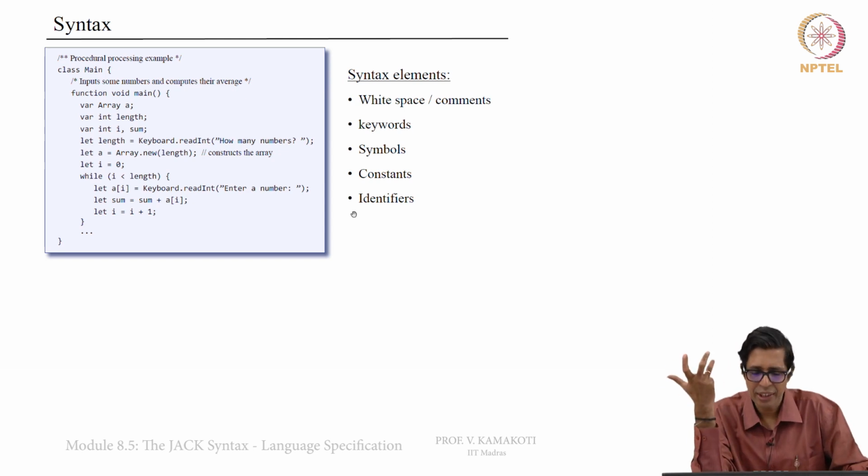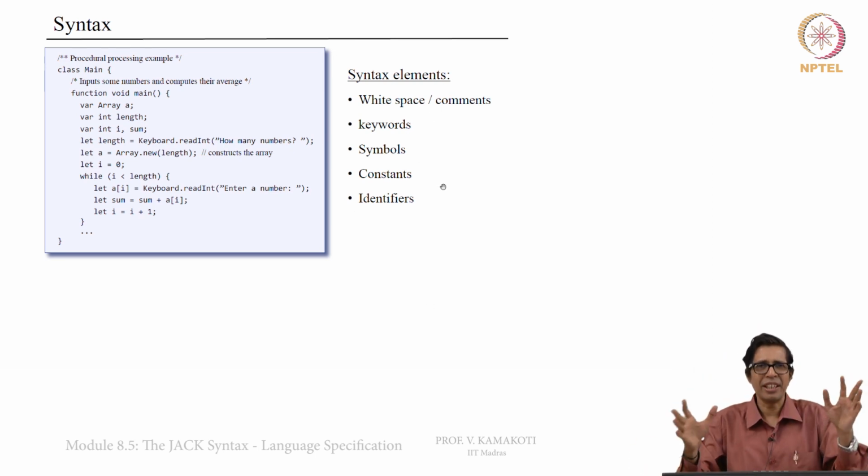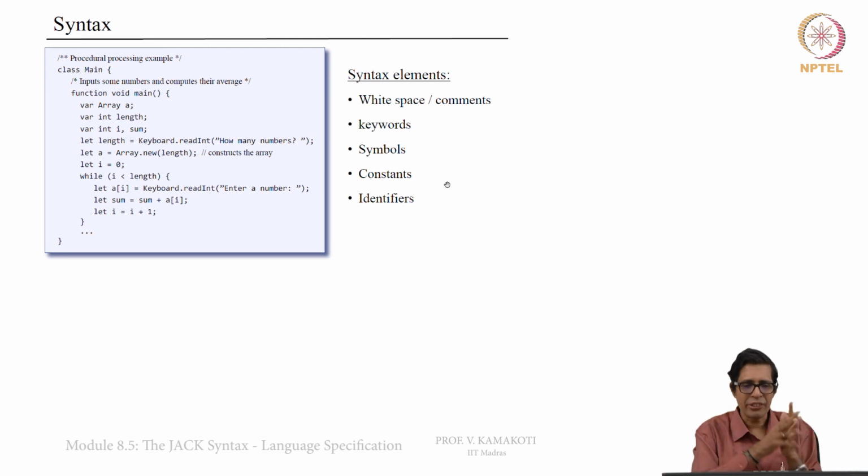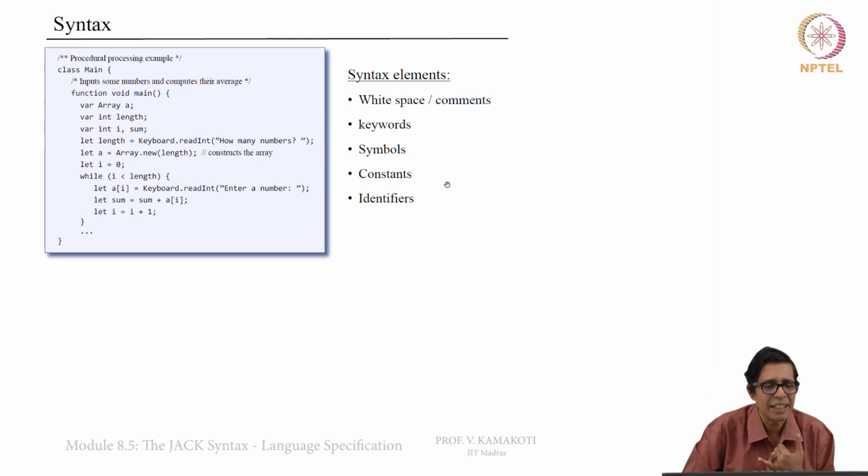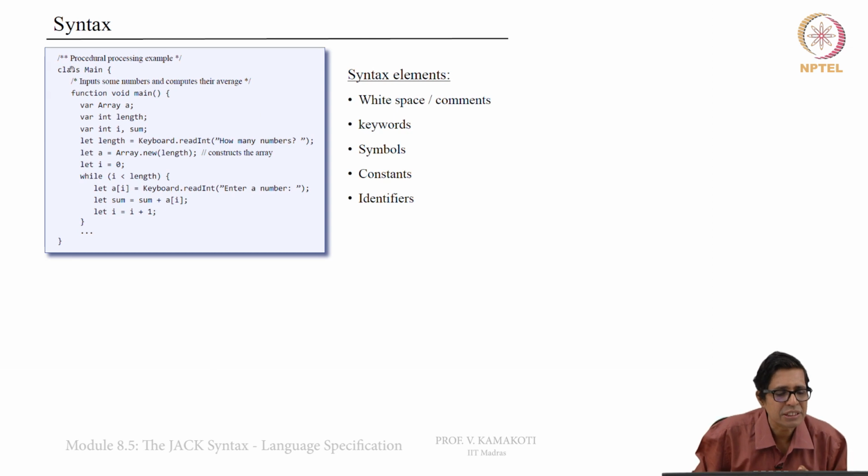So the syntax elements are, what are the things that are present inside Jack? There are only 6 different things that you see. You will find some comments and white space. You will find keywords. What are the keywords? Var, function, class, void, array, int, let, do, while, right, and these are the keywords that you will see.